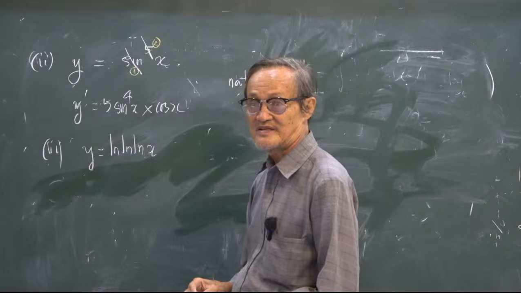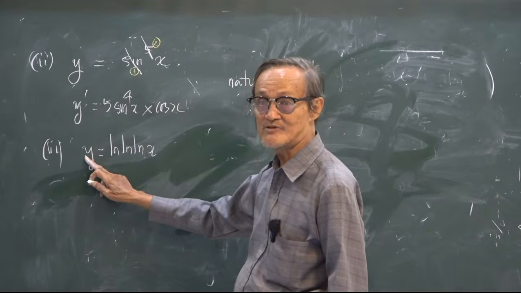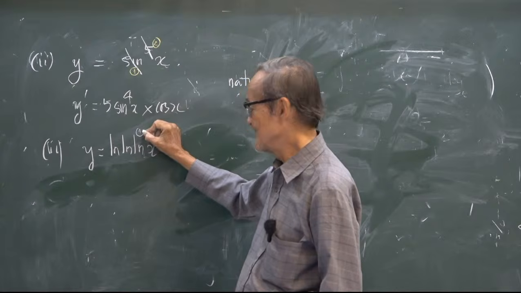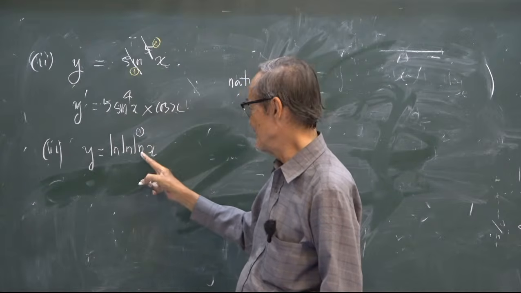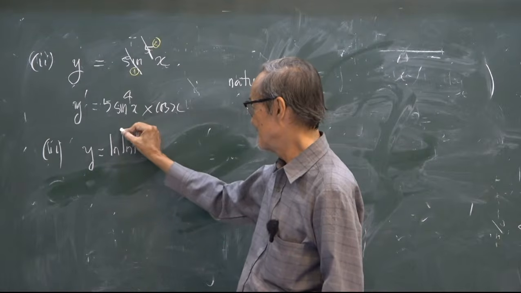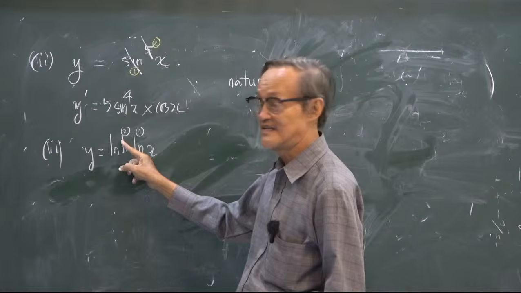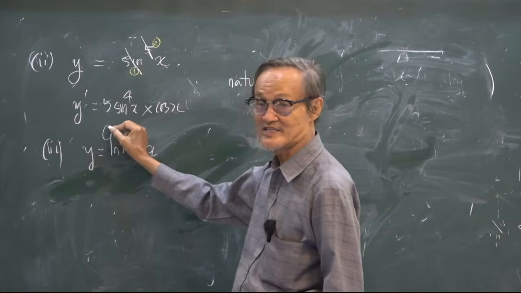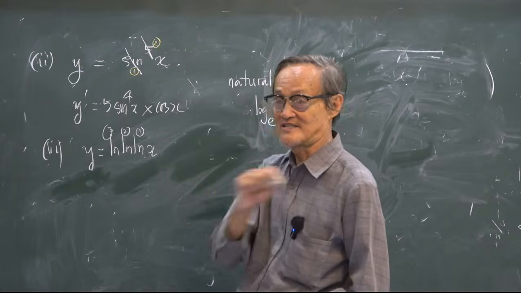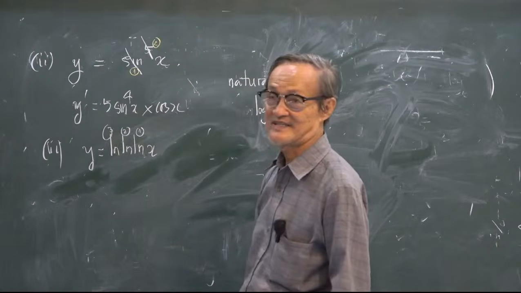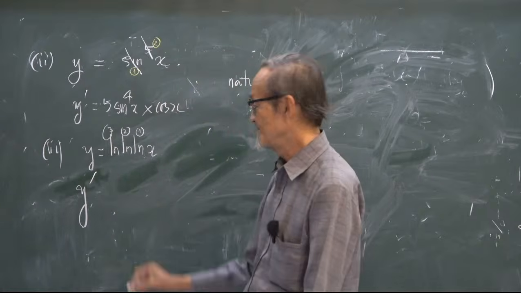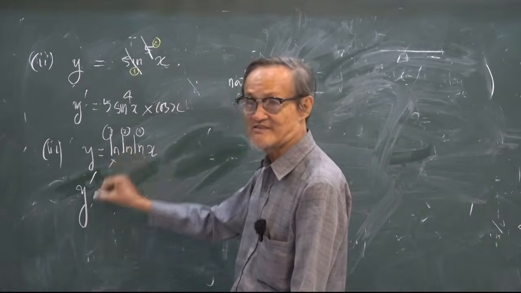Now, if we want to compute y, first we do this operation, then this operation, then this operation, from the inner function outwards. Now we check derivatives from the outer function.